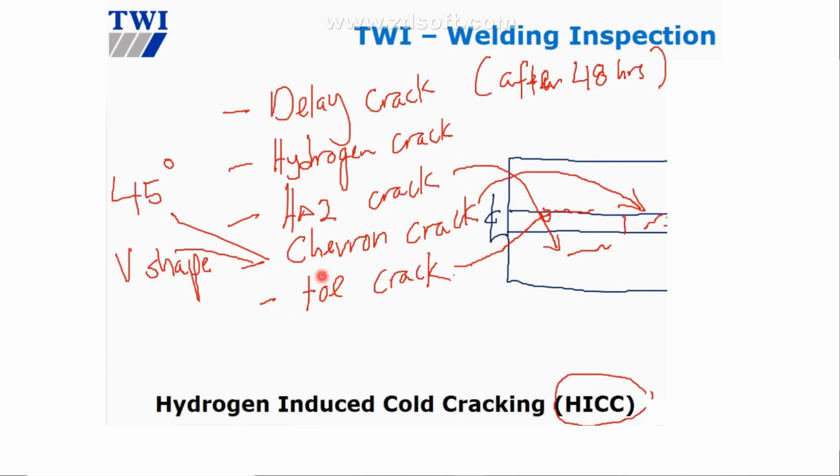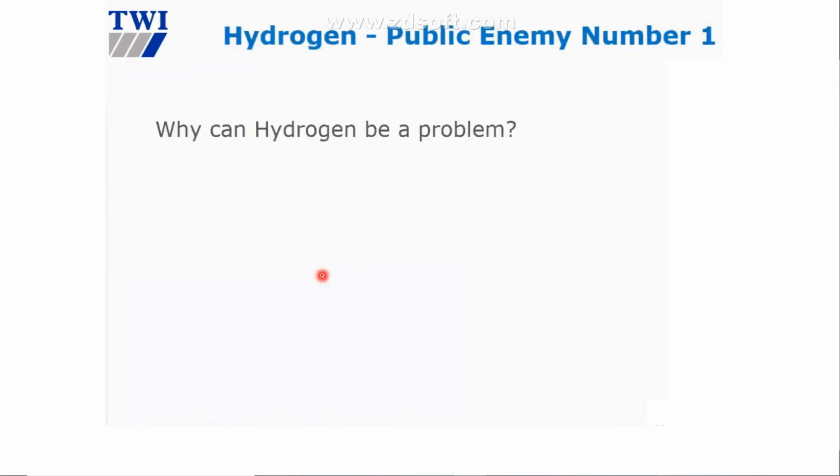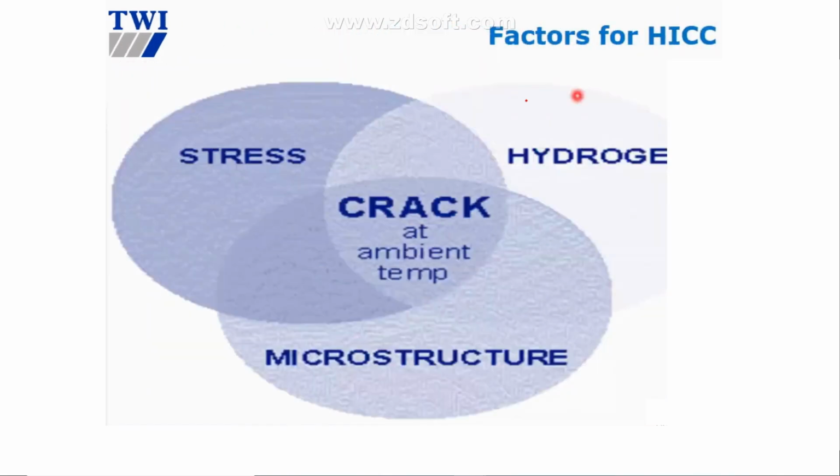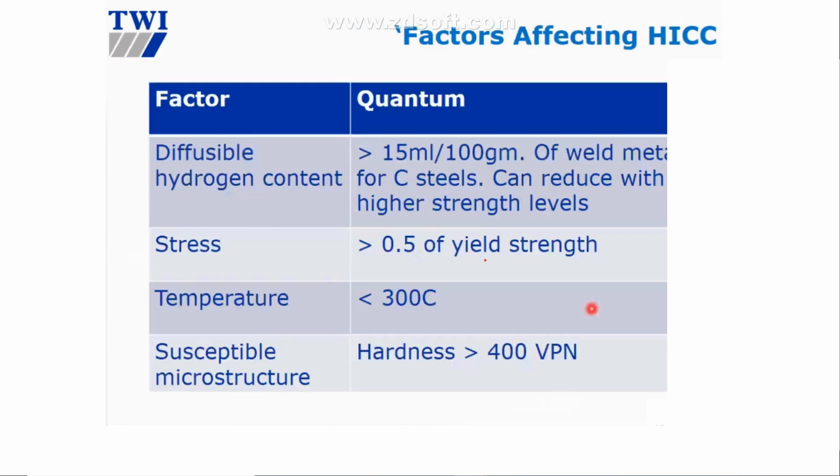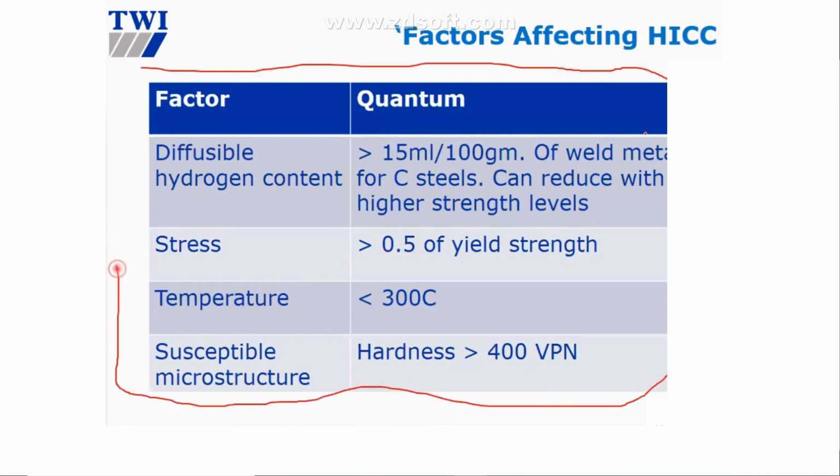Now we move to this one. We have factors for hydrogen crack: stress, hydrogen, temperature, and also microstructure. I would like you to memorize all of this, the factors for hydrogen crack. This is very important for you.